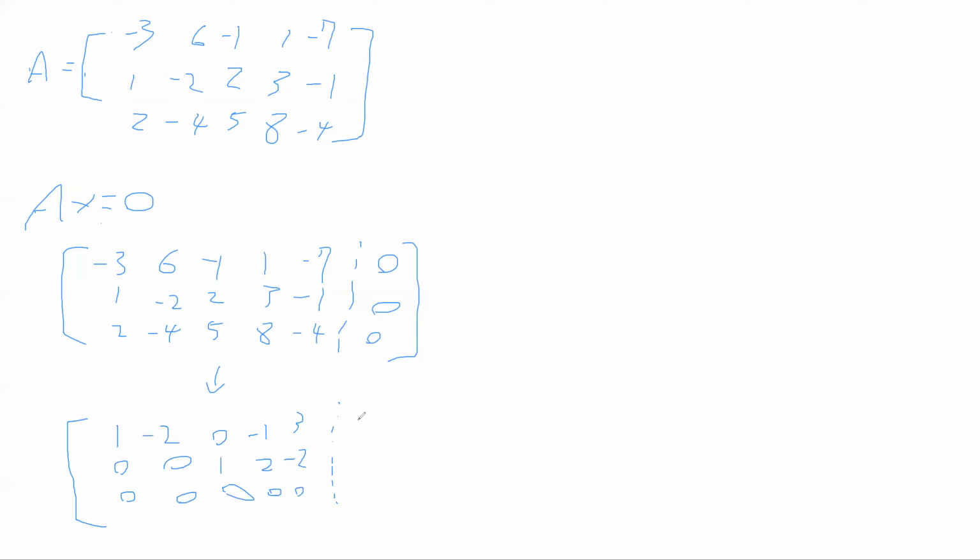Okay, and then again, we get a bunch of zeros on the right hand side here. Okay, so this is the augmented matrix in reduced row echelon form.